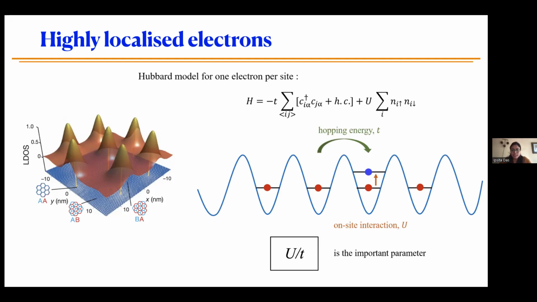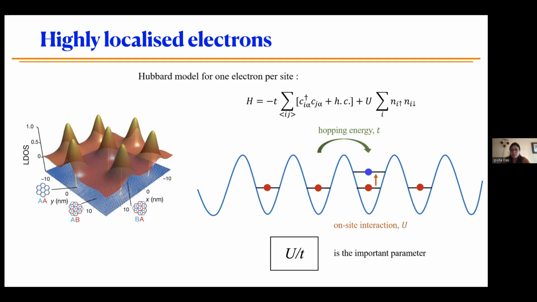Well, it can be understood a little bit by the Hubbard model. So in this Hubbard model, in the Hamiltonian, you have again two dominating terms. One is the hopping energy from one side of your lattice to another side, which is given by small t here. And another energy scale, which is very important, is the on-site interaction energy U. So how much energy will it cost to move one electron from one place to another, let's say.